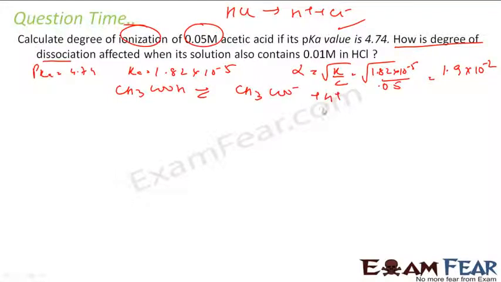Let's assume at t equals 0 we had 0.01 M HCl, and 0.05 M acetic acid. At equilibrium, assume the reaction moves in the forward direction, so this becomes x, this becomes x, and this becomes x plus 0.01.